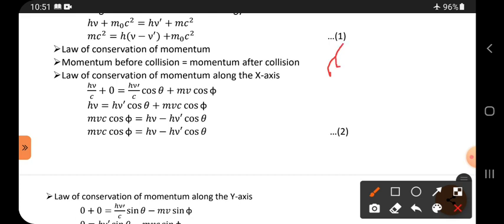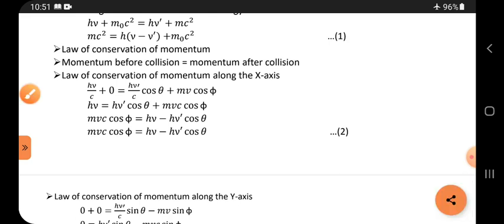Energy is a scalar quantity, so we cannot consider it in different directions. But momentum is a vector quantity. We have to consider it along the y direction and along the x direction. That is why the formula becomes very big. See what the formula is.